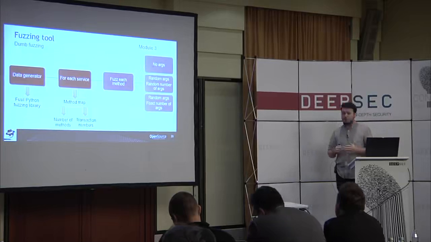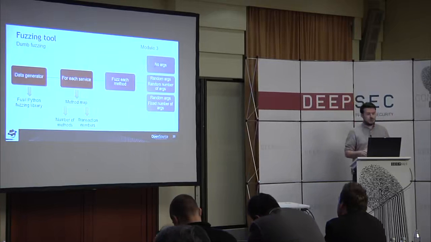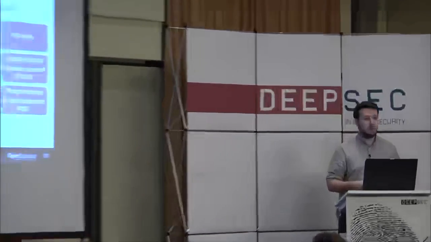What you actually do is first you try to call that method with no arguments. I've actually had an issue that came up when calling a certain method with no arguments, although in its implementation it had parameters to be given. Then you try to feed it random arguments with a random number of arguments.